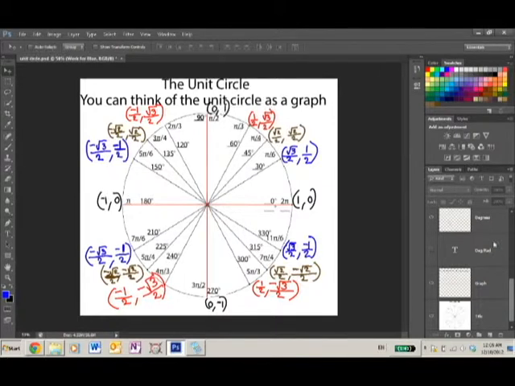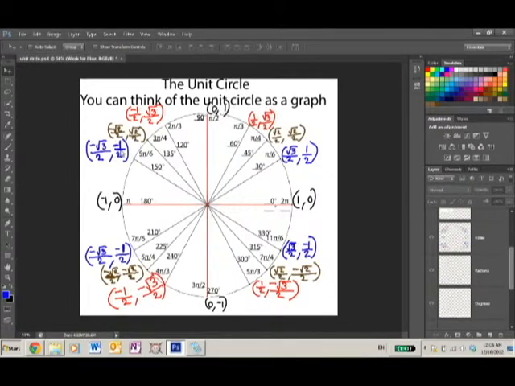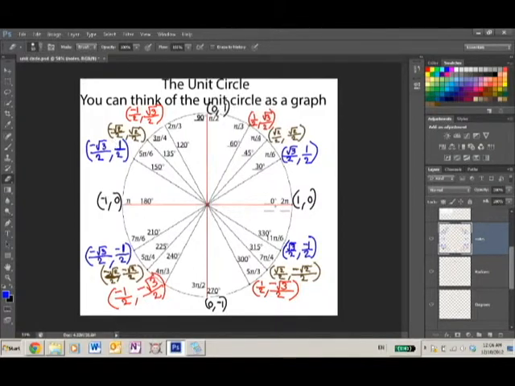Oh, I just found an error here. This is not equal to negative 1/2. It's equal to just 1/2. So, let's fix that error. Okay, so, because it's along the x-axis, it's negative to the x value.